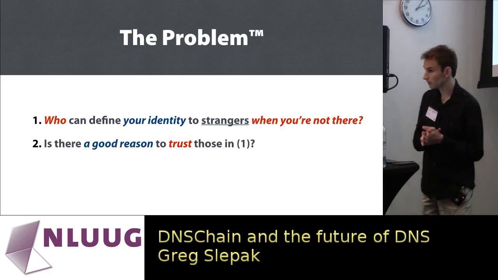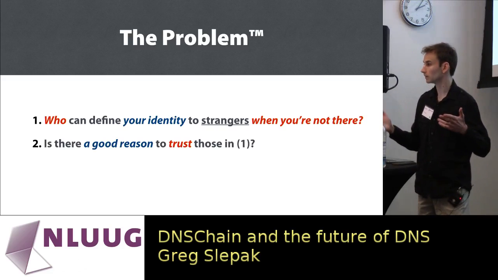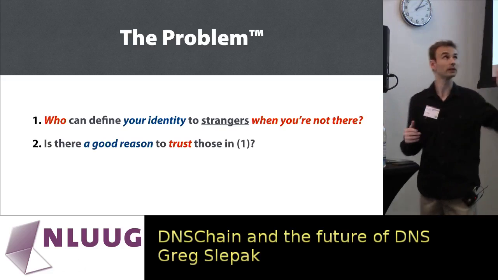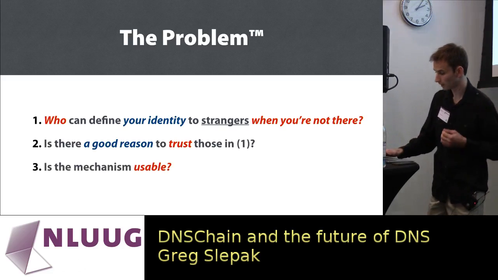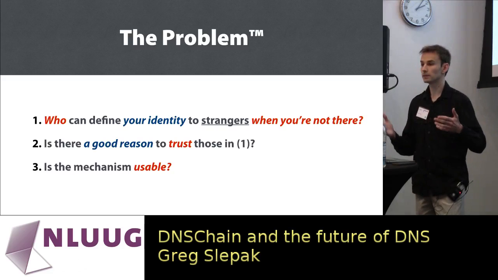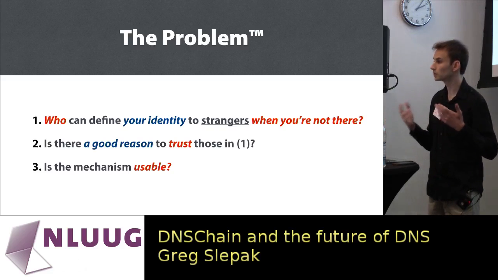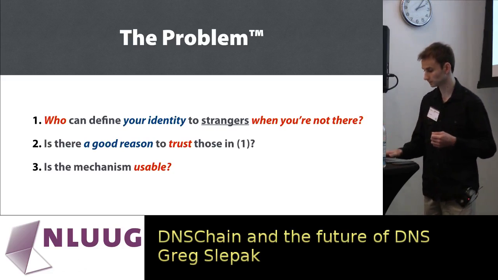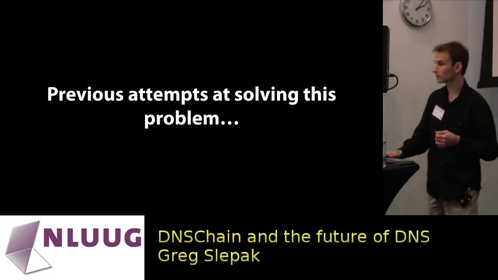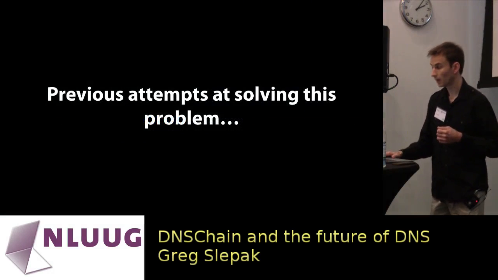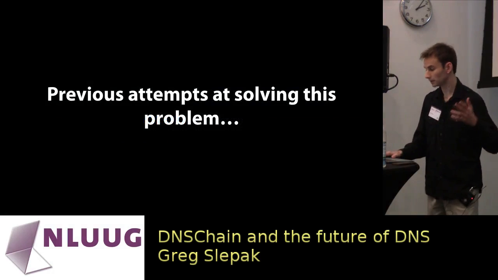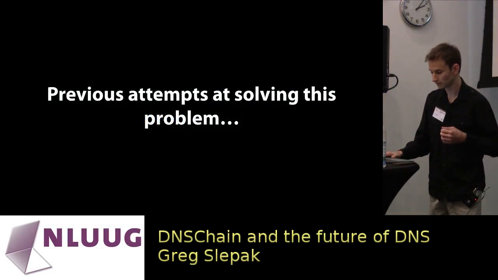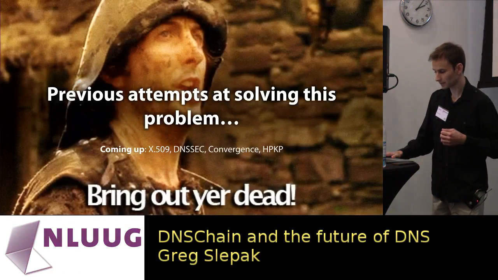And you have to ask yourself, is there a good reason to trust whoever you picked in number one? And then finally, is the mechanism that you developed actually user-friendly? Can it be used by both system administrators and users? So we're going to go over some of the previous attempts to solve this problem. And I'm probably going to run out of time, but whatever. I'll try to go as fast as I can.